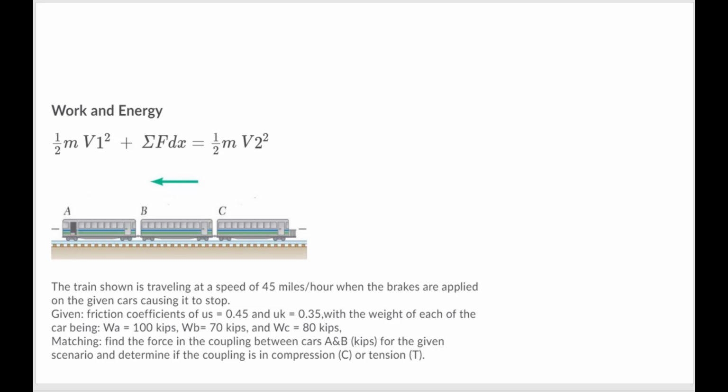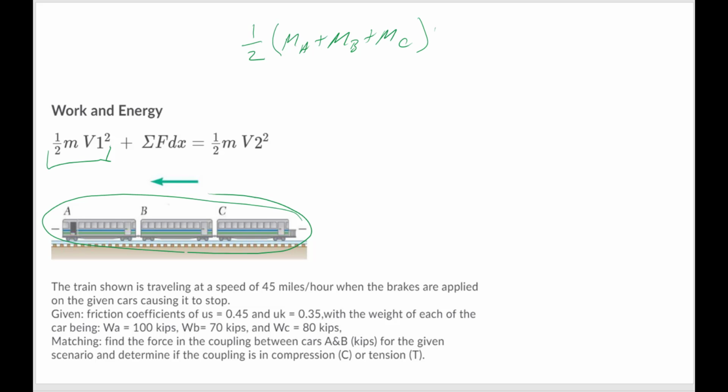So when I'm doing my work in energy, I can define this energy as the energy of the entire train together. If they're all attached to one another, they all have the same starting velocity. So then I can say mass of A plus mass of B plus mass of C. They're all barreling down the tracks together.